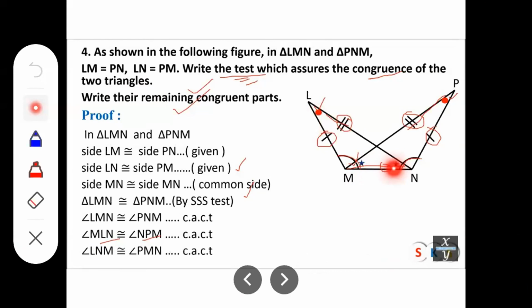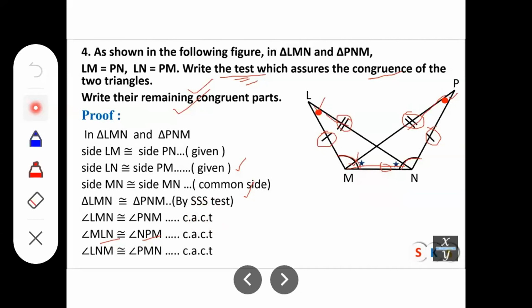And for the sides, segment LN is congruent to segment PM and segment LM is congruent to segment PN. Two of the sides are congruent to each other, and the base is common. So here we can use the side test. By the triple S test, we can write the two triangles as congruent to each other.